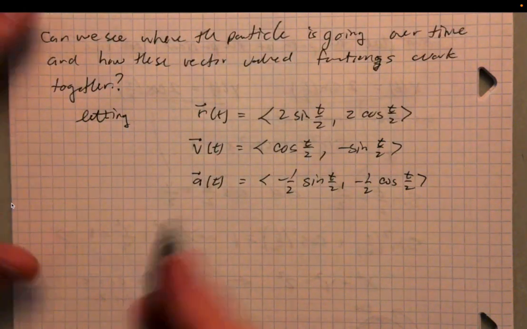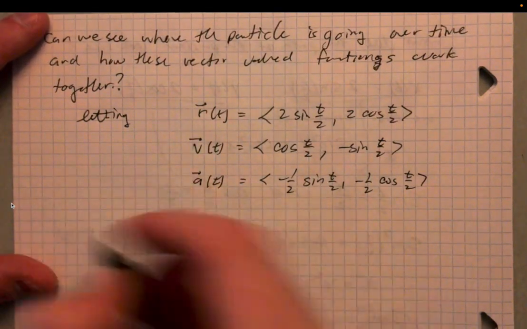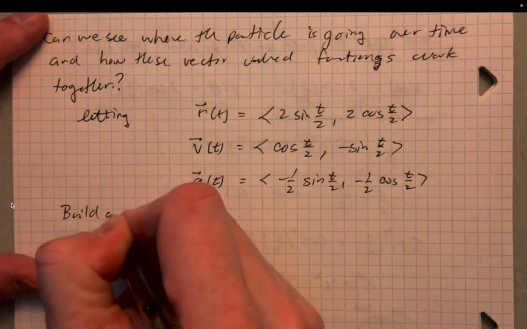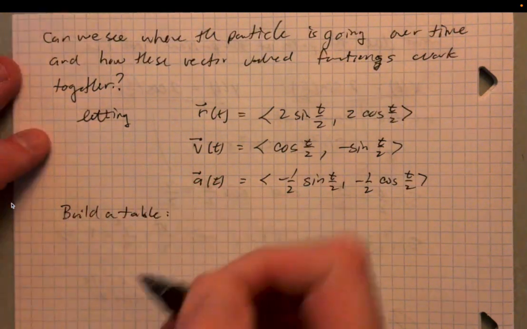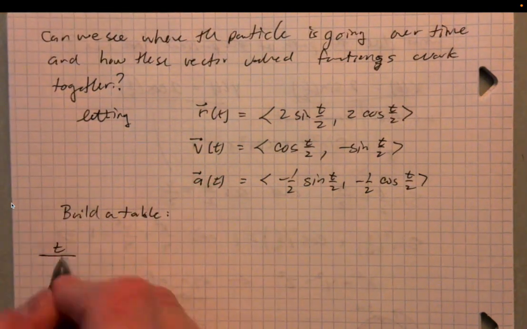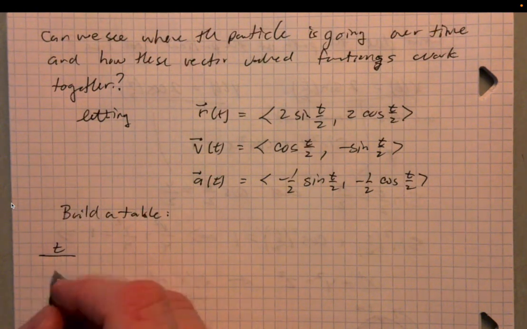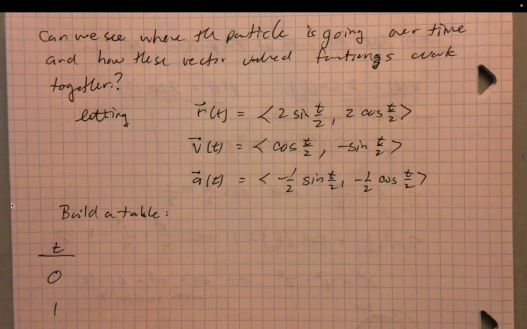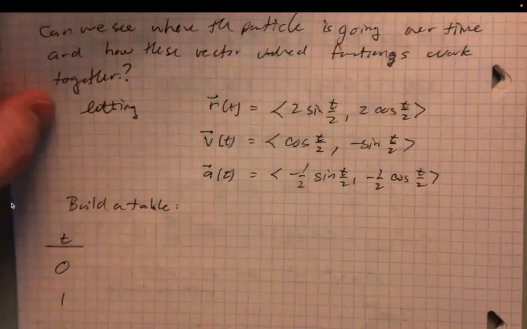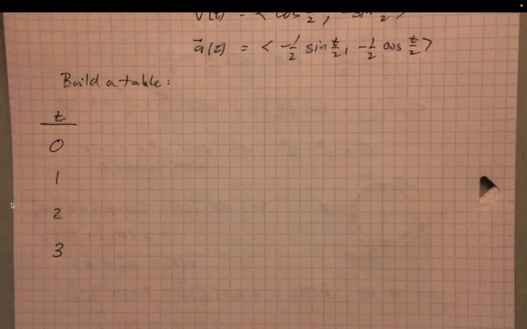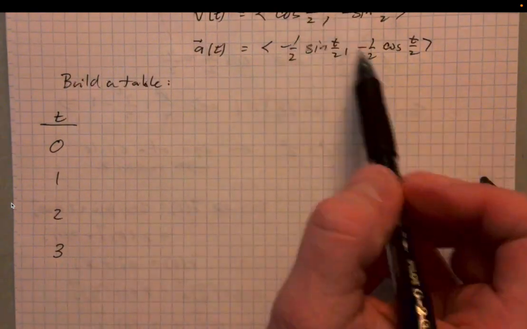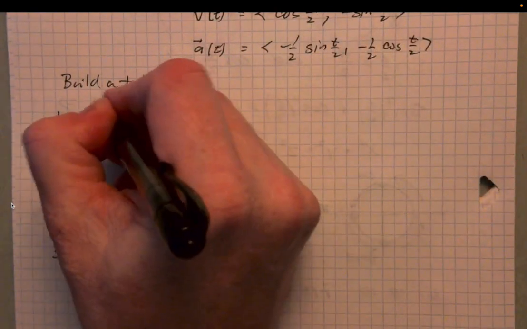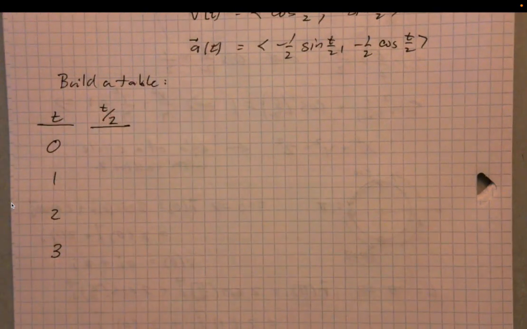All right, and so what we're going to do is build a table. Okay, and so we'll have a t that we'll plug in over here, and we're just going to plug in 0, 1, 2, and 3, okay, for our t. Okay, and then the argument of our functions are all t over 2, so we're going to have another column here where we basically divide t by 2.